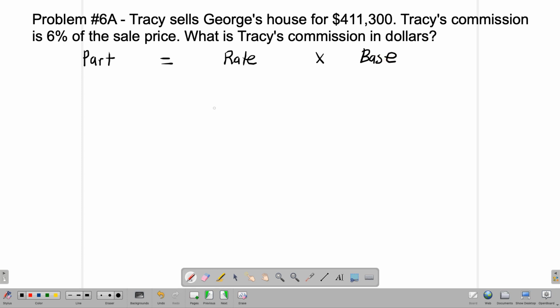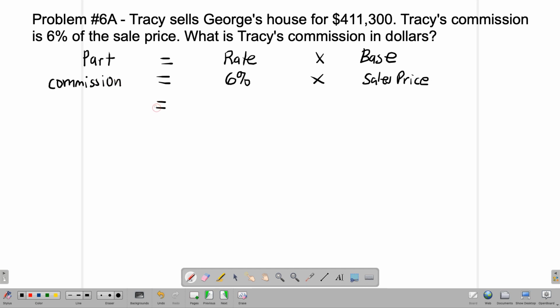All right, so in this case, the base represents the sales price. Okay. The rate we mentioned is 6%. And so we're trying to find out what is the commission. So the commission represents the part.